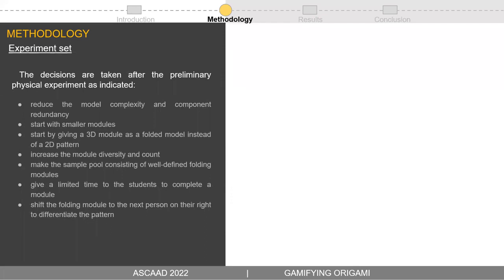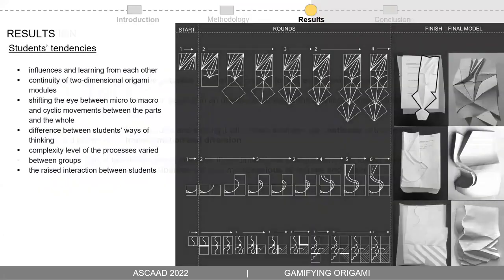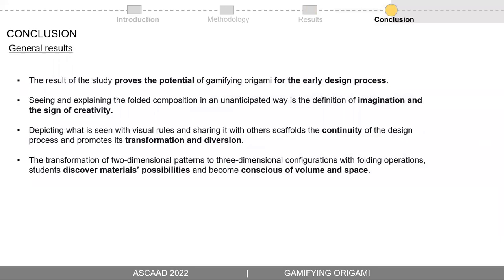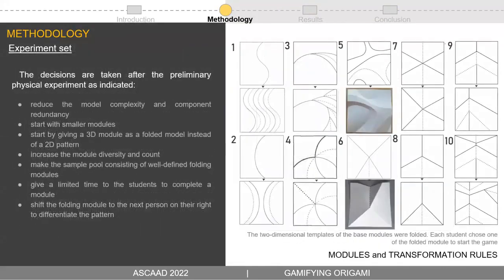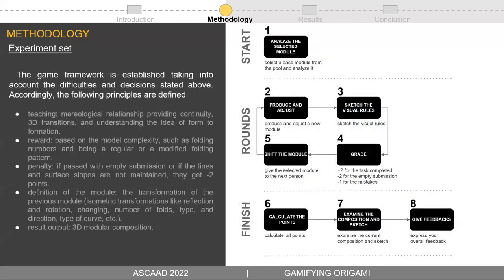They are indicated as illustrated on the screen. Consequently, we decided that students should start to design with simple folded modules. To get students more involved in an origami-based design process, we offered game rules as a guide.